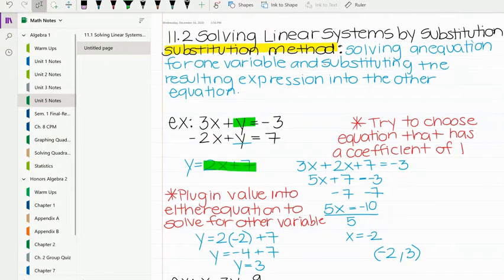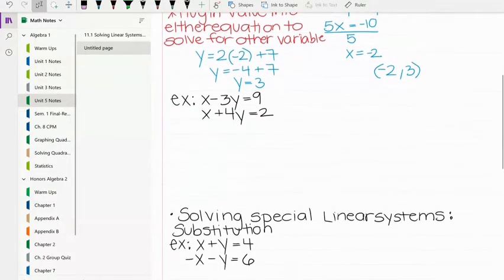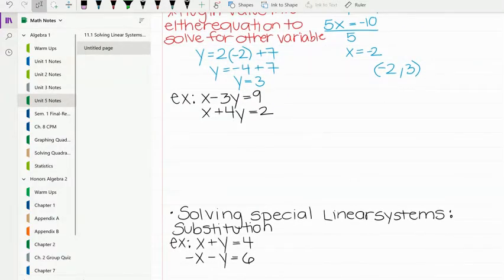Okay, so let's go ahead and try another one because that first one is kind of like a learning process. Looking at these two equations, remember your first step is to figure out which variable you want to solve for. Looking at the first equation, I wouldn't choose to solve for y because it's a little bit of extra work. So I'm going to go ahead and use the first one and get x by itself.